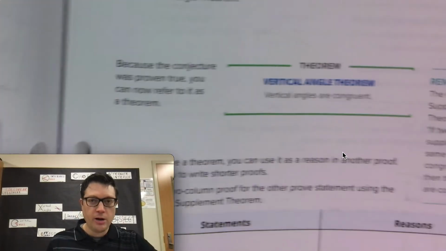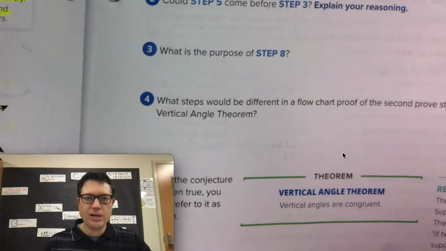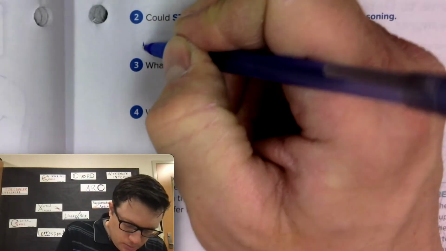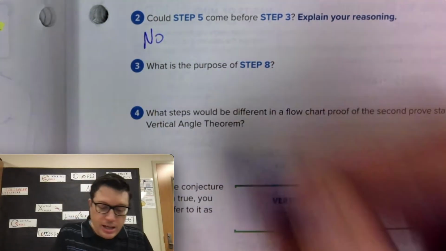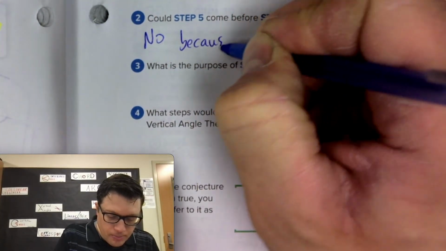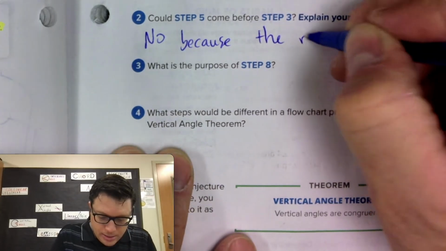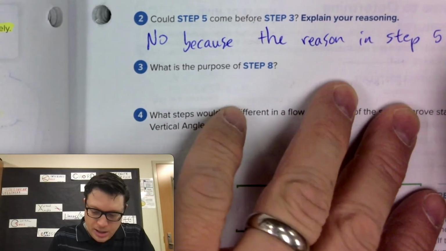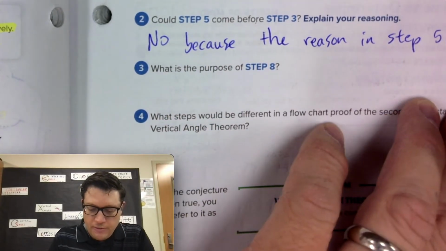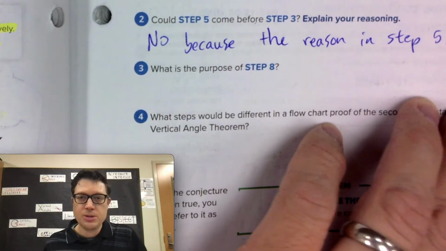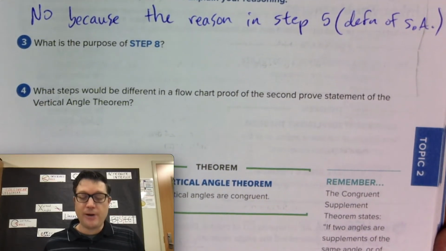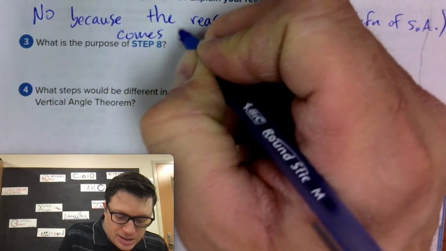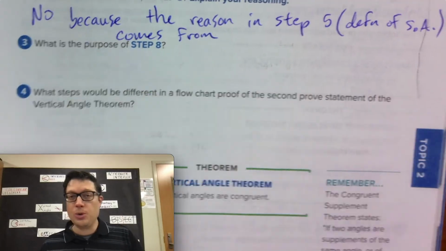So in our answer for question 2, we're going to say, no, step 5 could not come before step 3, because the reason in step 5, definition of supplementary angles, comes from the statement that those angles are supplementary.